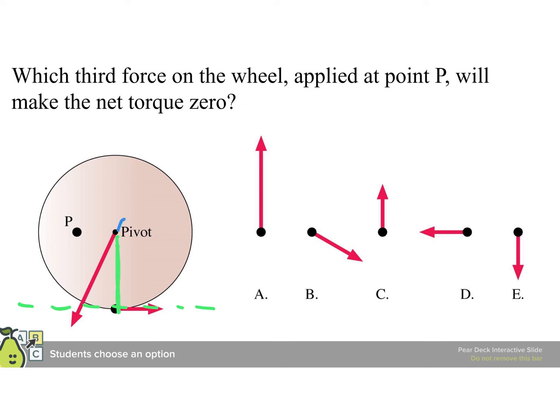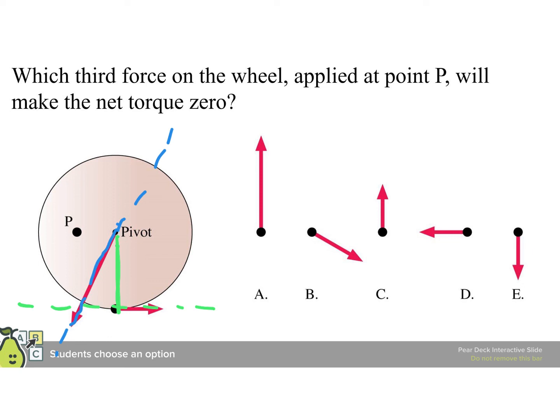And this guy, the angled guy, oh, wait a minute, the angled guy acts at the pivot and contributes no torque. So it drops out of the problem. And then this one will have a line of action depending on each of these things, and we need to make up the opposite torque. Whatever torque the green guy does, we need to do the other way.